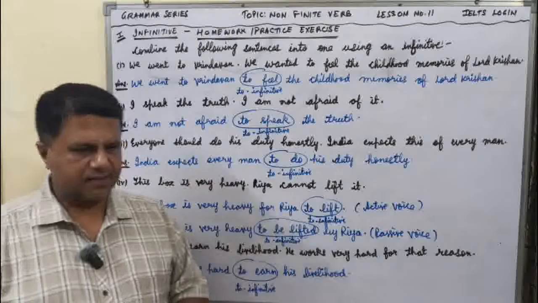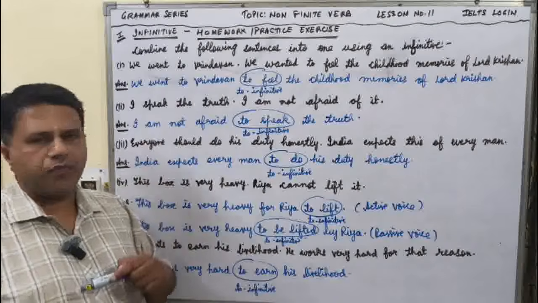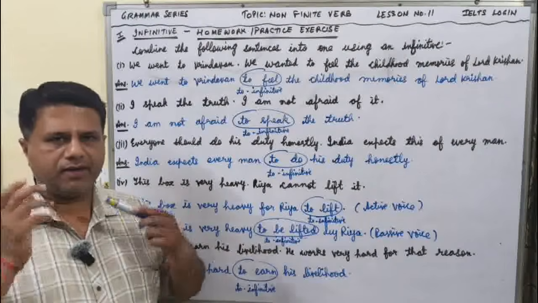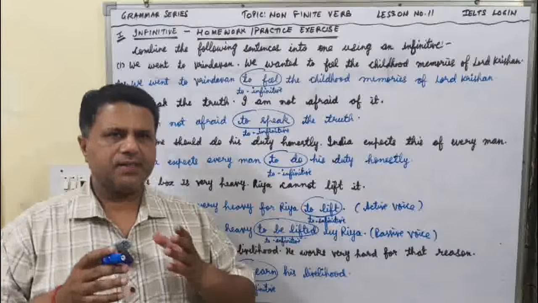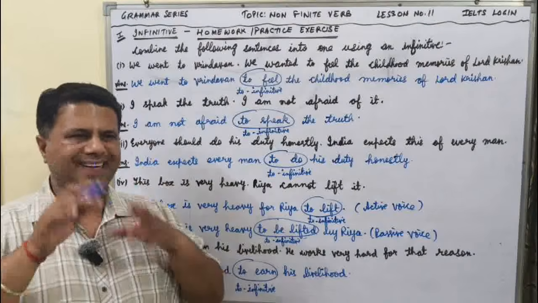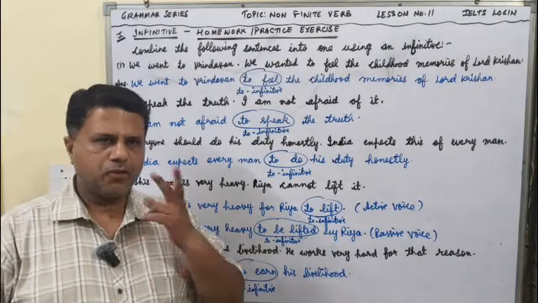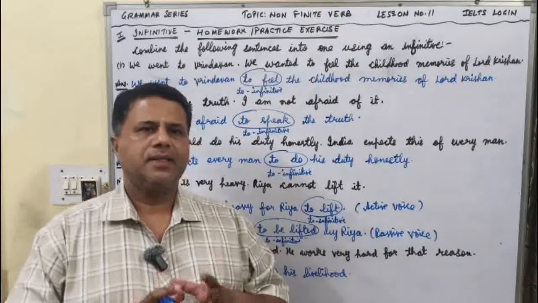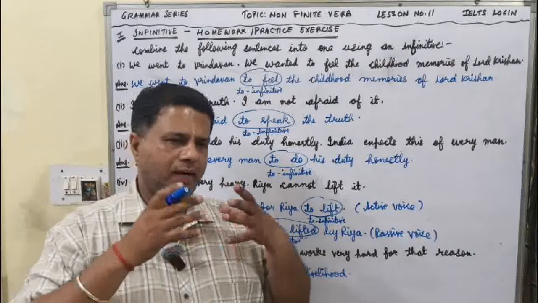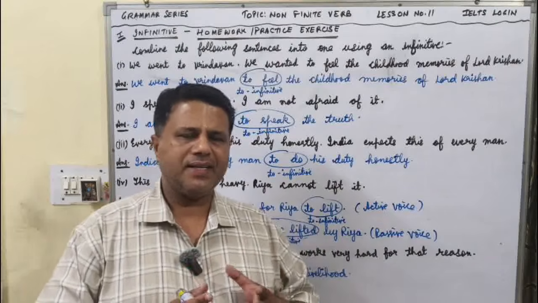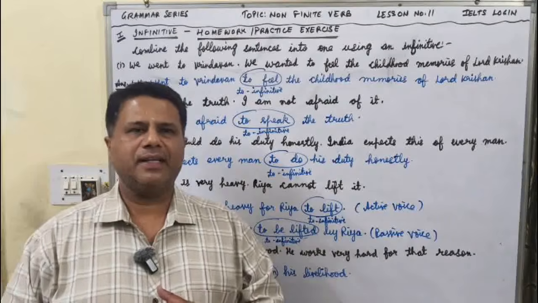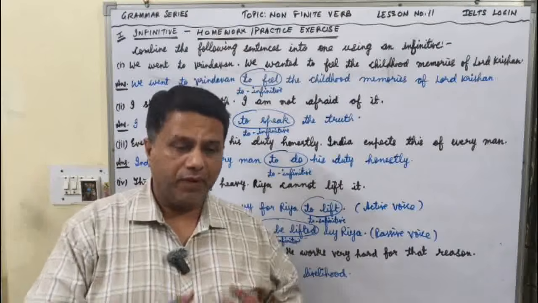Time for the answers. We went to Vrindavan. We wanted to feel the childhood memories of Lord Krishna. Students, please circle the verbs first. Why? Because I have already told you one sentence will remain the same and the other will be joined from the verb.